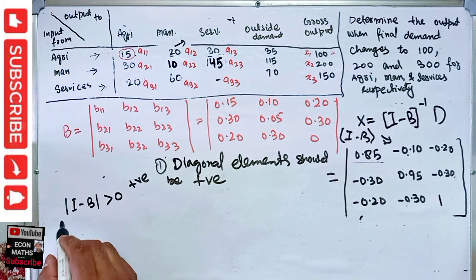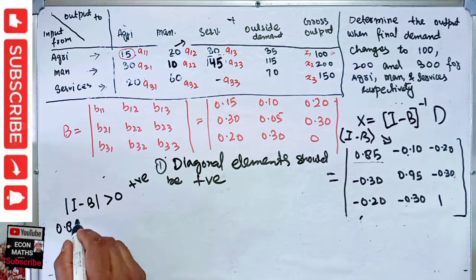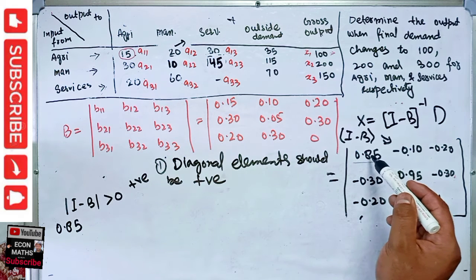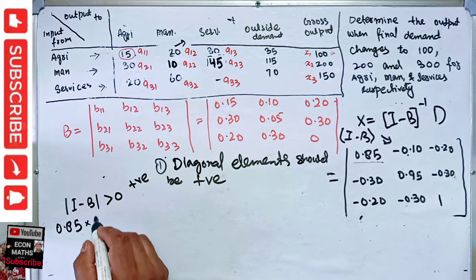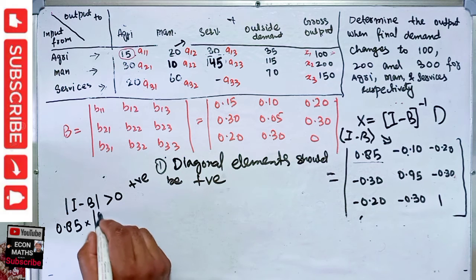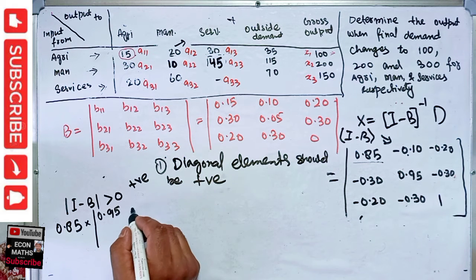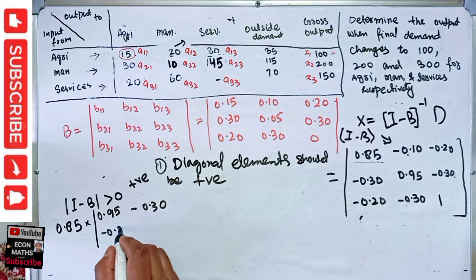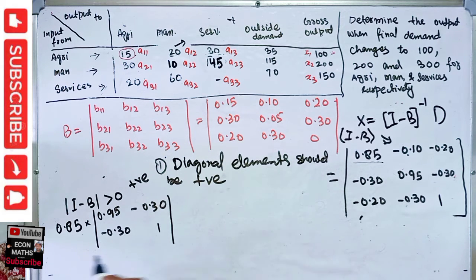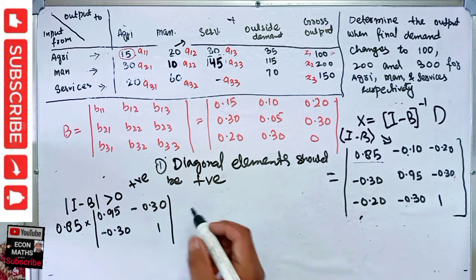We take the first number, that is 0.85, and mentally delete the row and the column in which it appears and multiply it by this subdeterminant, that is, these numbers: 0.95, minus 0.30, minus 0.30 and 1. Then we write, first number is positive, second is negative.